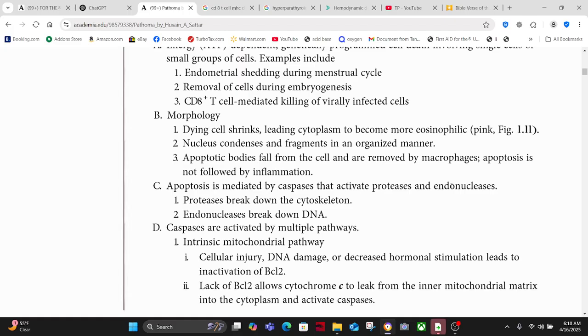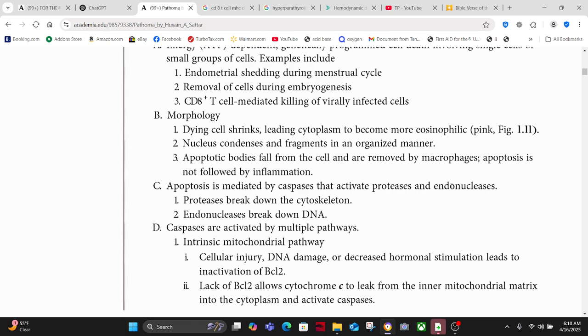Next, how are caspases activated? They're activated in a few ways. The first one is the intrinsic mitochondrial pathway. Here we have cellular injury, DNA damage, or decreased hormonal stimulation that leads to inactivation of BCL2.